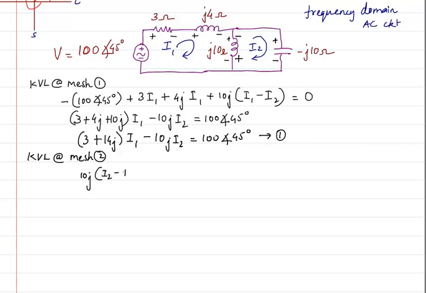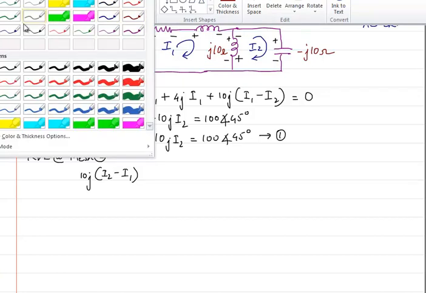I2 minus I1. Why have I written I2 first here? Because now the mesh is the second mesh. If I would have written for the first mesh, I1 is the main, so I will write all I1 minus whatever is the other current. But now since I am looking at the second mesh, I have to always write I2 as the dominant current.